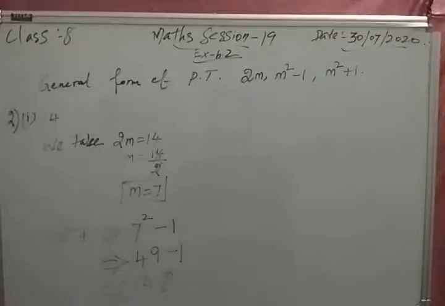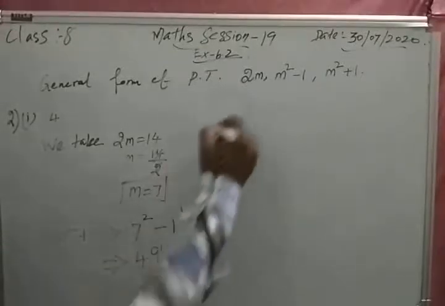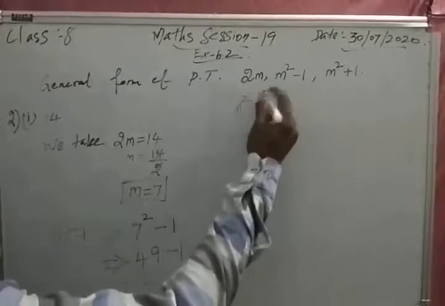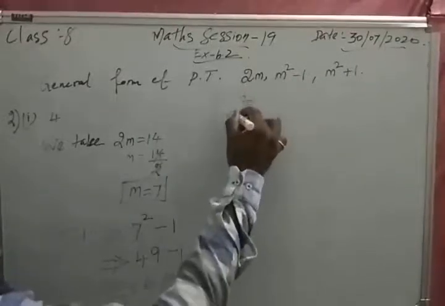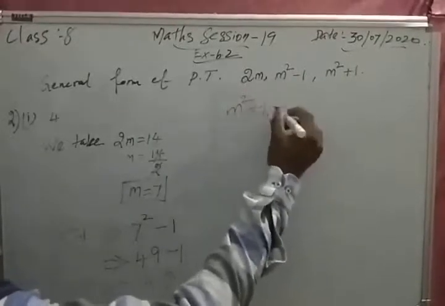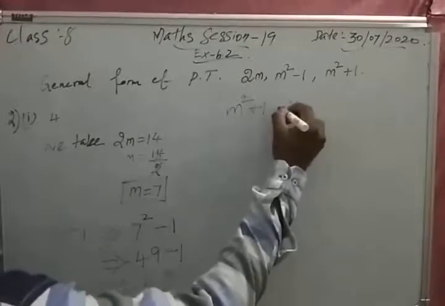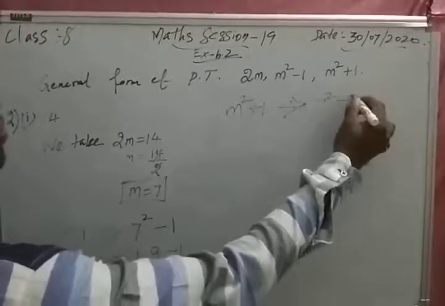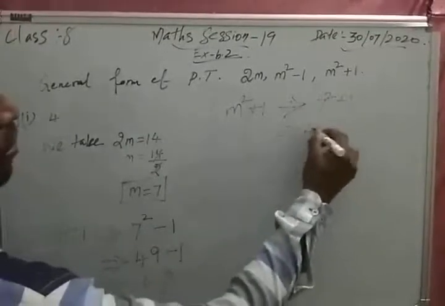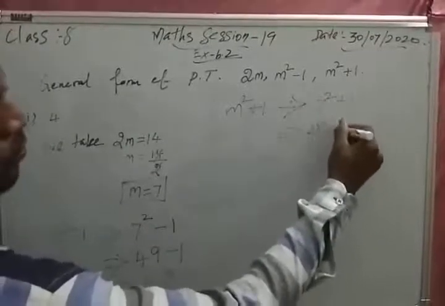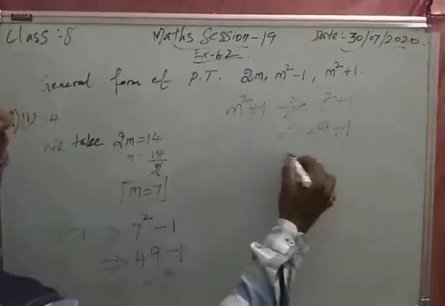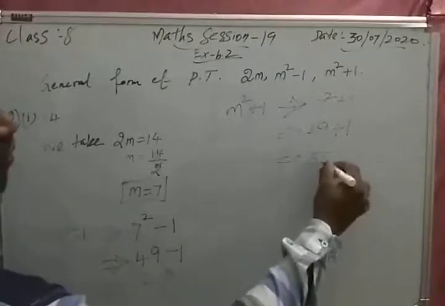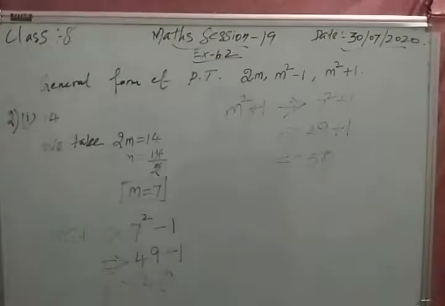Next one, m squared plus 1, that is 7 squared plus 1, that is 49 plus 1, which is equal to 50.